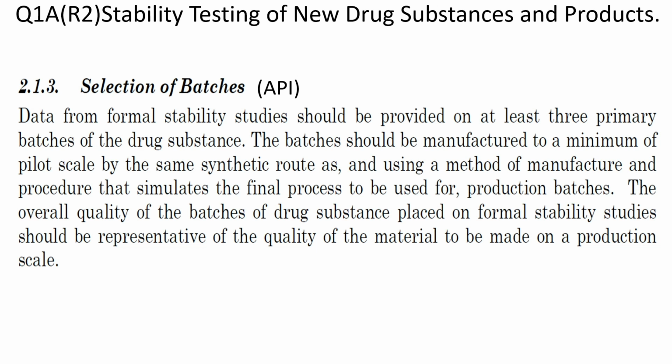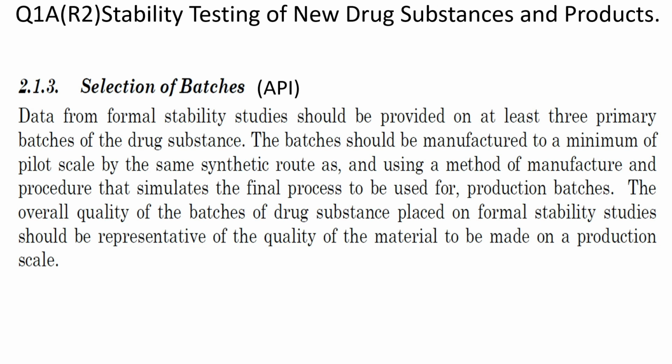Data from formal stability studies should be provided on at least 3 primary batches of the drug substance, because here I am discussing the API drug substance. The batches should be manufactured to a minimum of pilot scale by the same synthetic route as, and using a method of manufacture and procedure that simulates, the final process to be used for production batches.